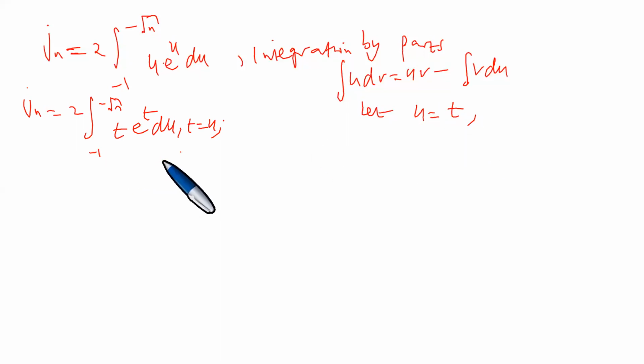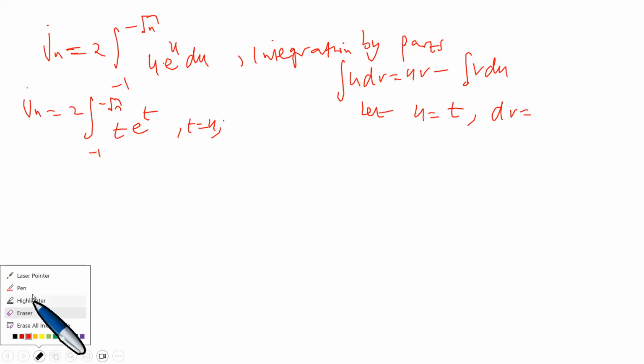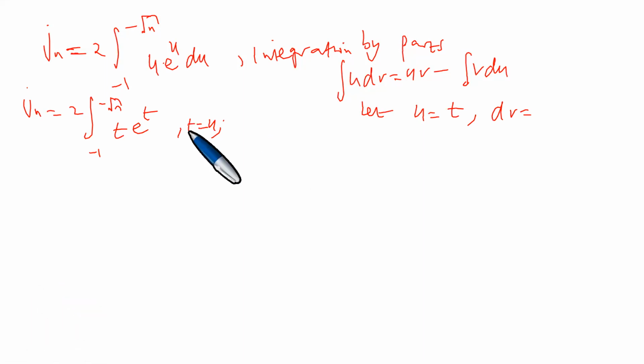Then say u is t here, and this one is du, so it must be dt. These are just dummy variables, so we should not be concerned about these symbols.